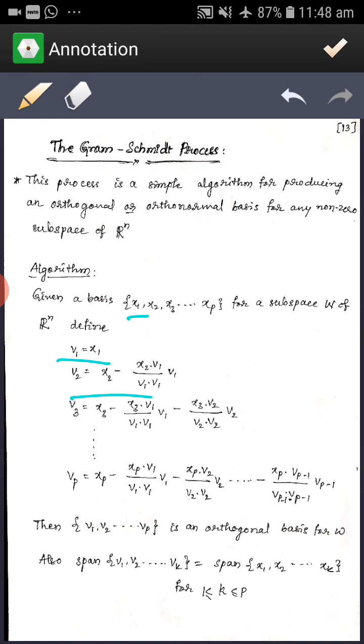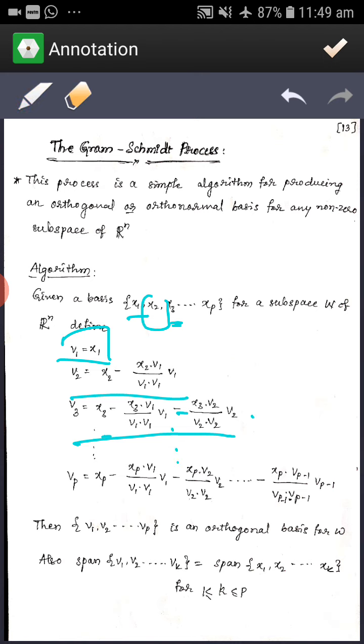For the second vector, v2 is equal to x2 minus (x2 dot v1 divided by v1 dot v1) times v1. For the third vector, v3 is equal to x3 minus (x3 dot v1 divided by v1 dot v1) times v1, minus (x3 dot v2 divided by v2 dot v2) times v2.